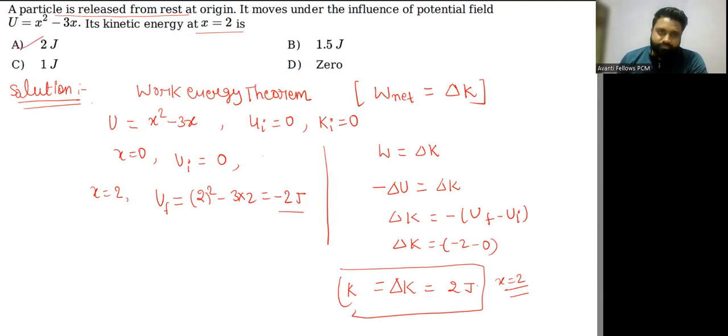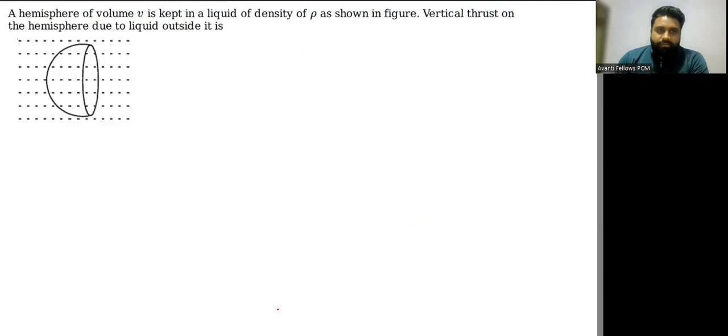Now, the next question: a hemisphere of volume V is kept in a liquid of density rho. The vertical thrust on the hemisphere due to liquid outside it is? In this situation, you will see that this is a hemispherical bowl, which is just half of a sphere.